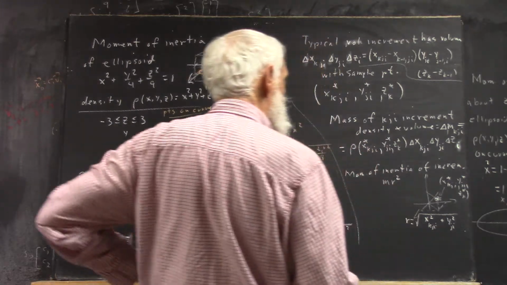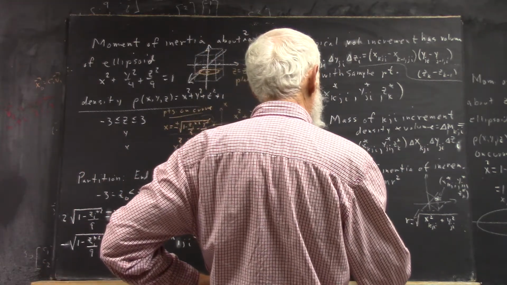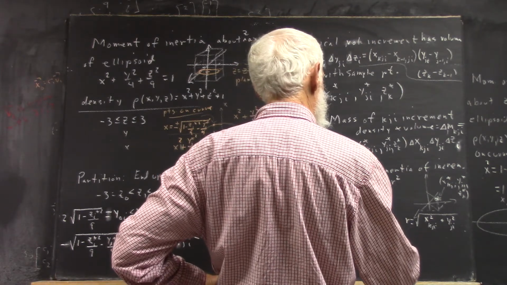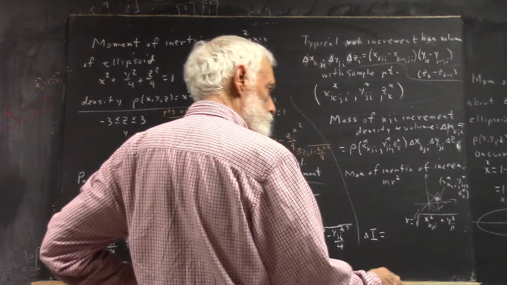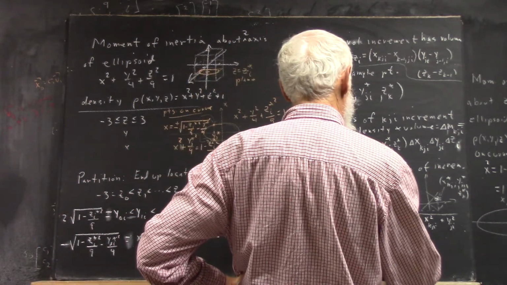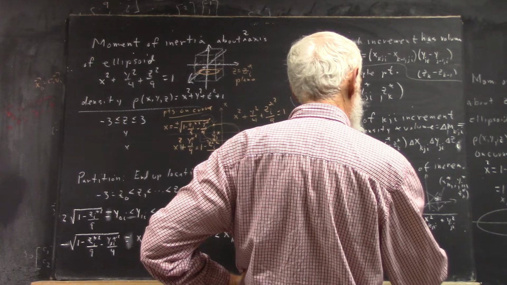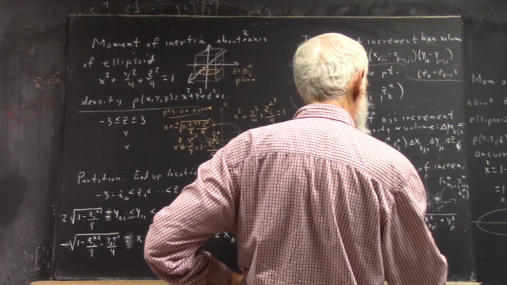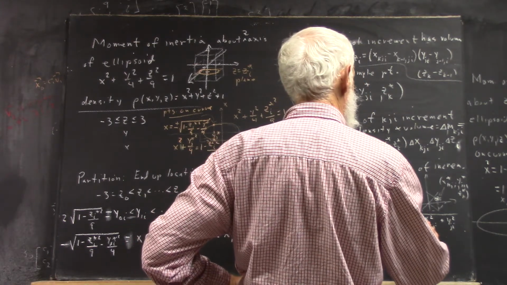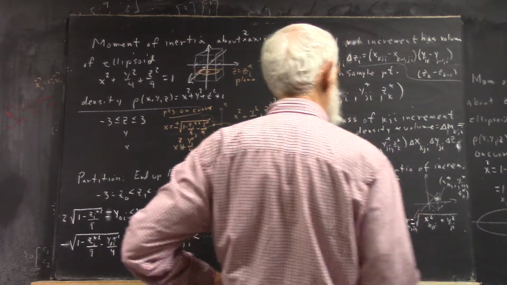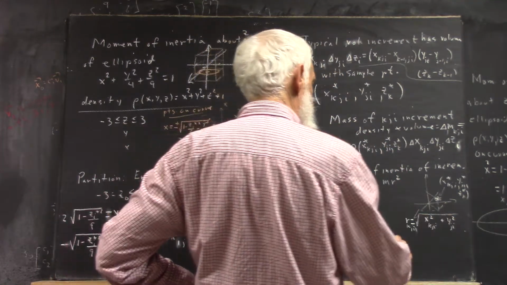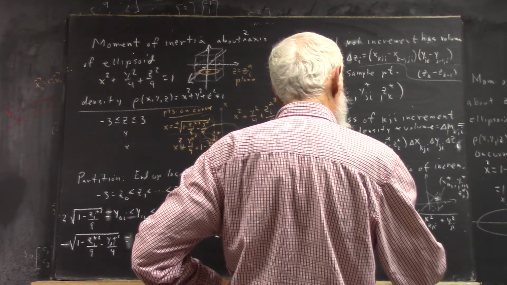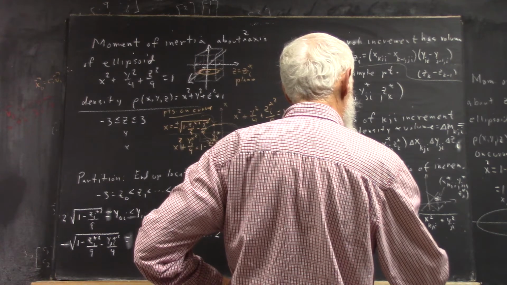So we get delta I equals r, we'll call this rkji, squared, delta M kji.